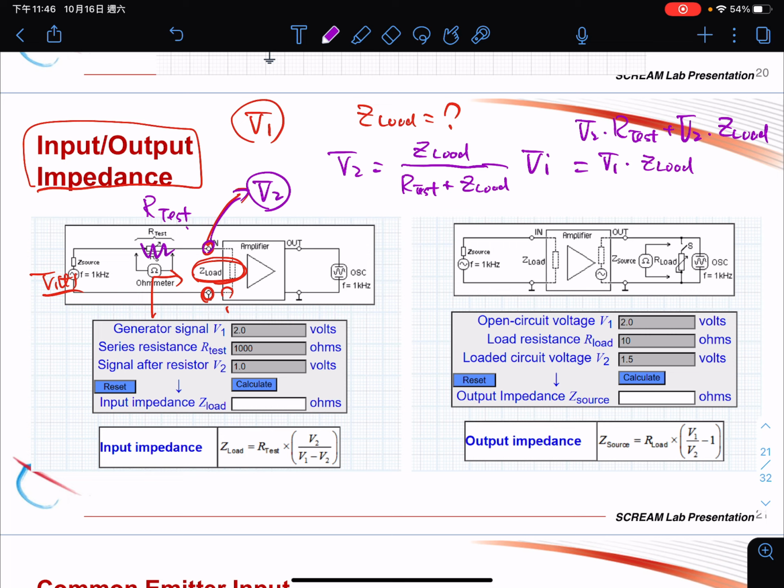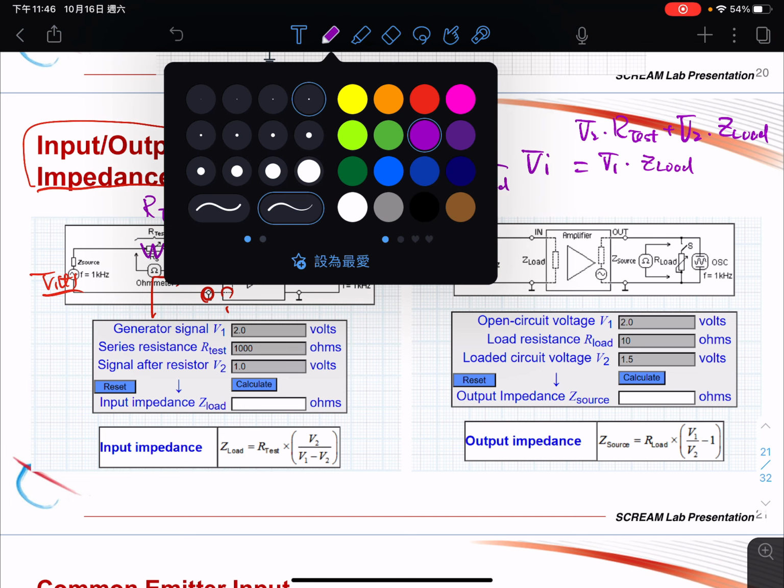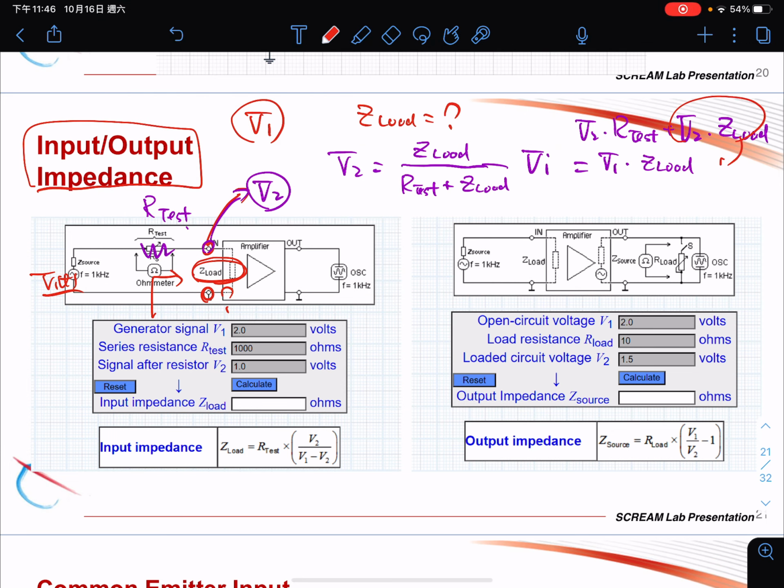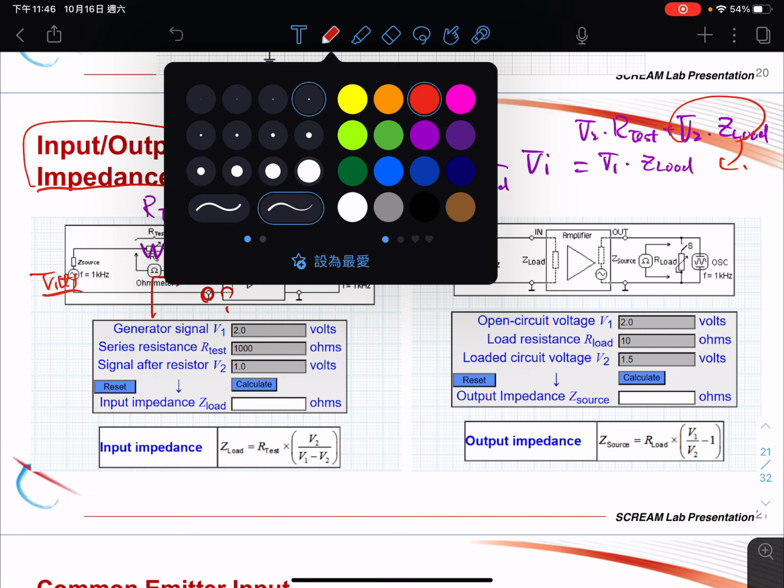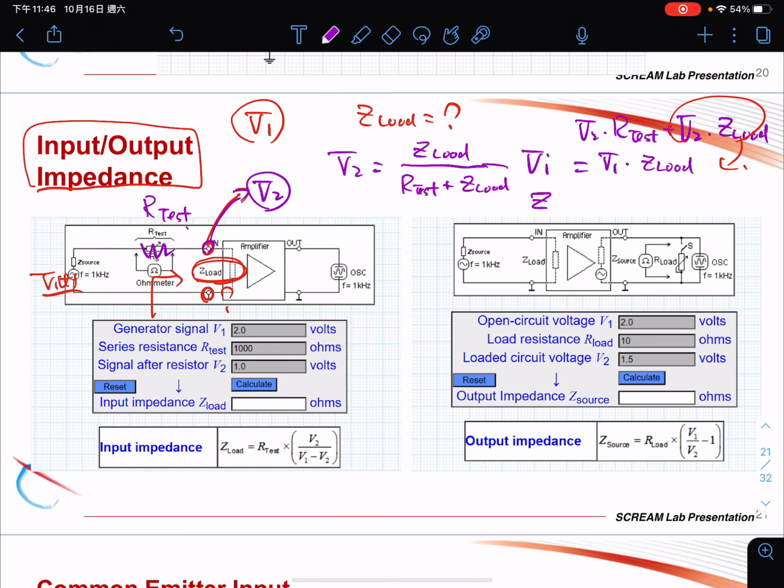So we can move this one to the other side. Then we have Z load multiplied by V1 minus V2 will be equal to V2 multiplied by the R test.